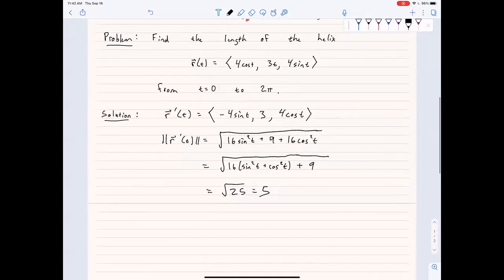And once we have that, our life is very good. We can just take the integral from 0 to 2 pi of 5 dt. Of course, hopefully everyone here feels comfortable doing. It's 5t from 0 to 2 pi, or 10 pi. That's our length.